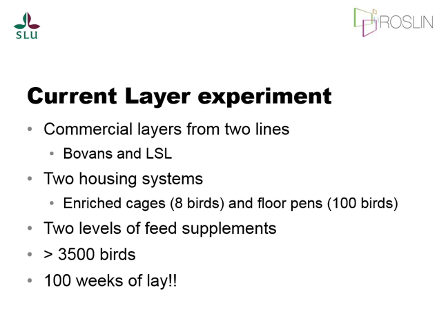So we did an experiment at our own experimental farm where we bought really commercial layers from 2 different suppliers. These are the laying hens that are used for production of table eggs, Bovans and Lohmann selected Leghorns. Then in our farm we have 2 different housing systems. They're either in cages with 8 hens per cage, and those cages are enriched according to EU protocols, or they are in floor pens with about 100 birds where they have roosting sticks.